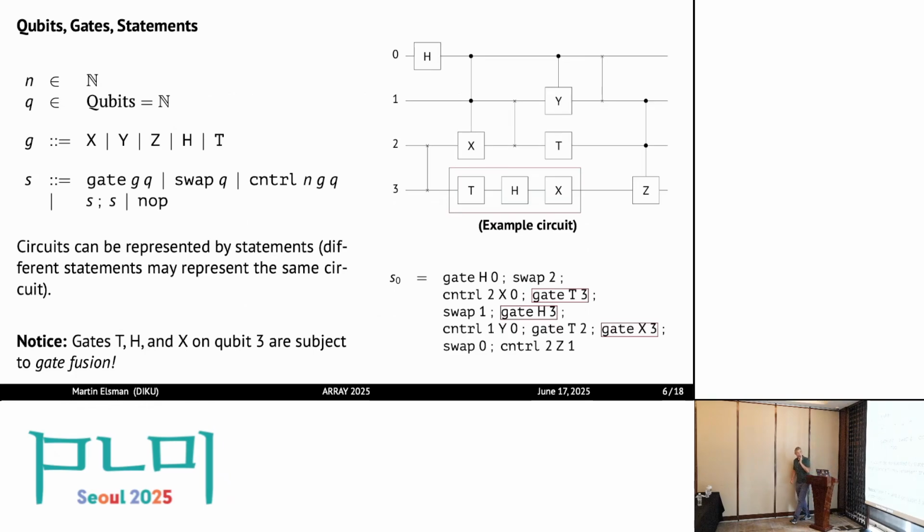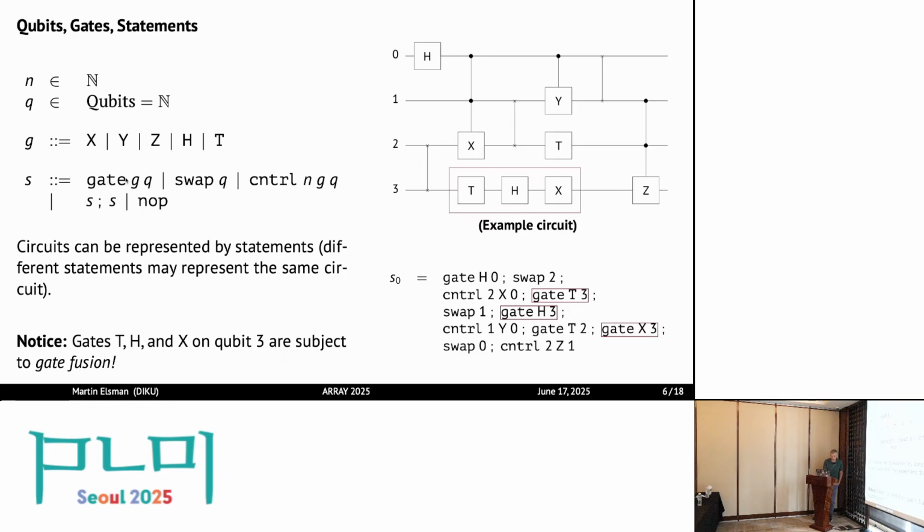So how do we program these things? Here's a small gate language, so to speak, where we have gates and statements. The one thing you can do in such a language is that you have the different qubits, then you have the gates.